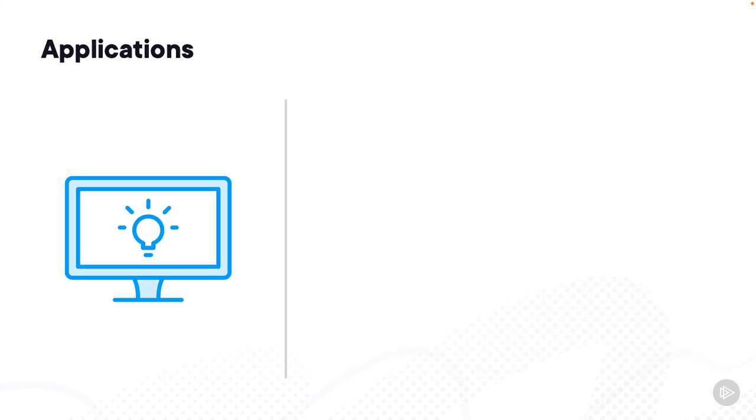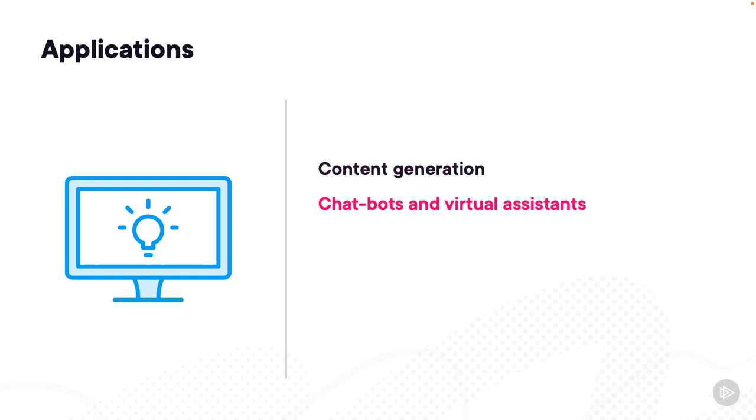Despite and because of all this, large language models find applications across diverse domains. Maybe one or more of these is exactly what you're working on. For example, content generation. LLMs can generate articles, stories, poems, and other forms of creative content. Then chatbots and virtual assistants. LLMs power intelligent chatbots and virtual assistants that engage in natural conversations with users.